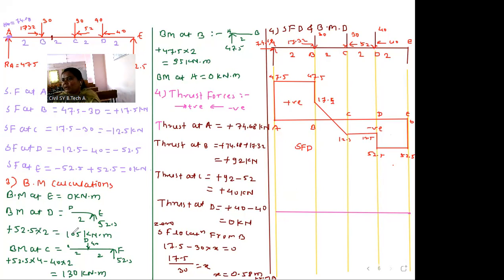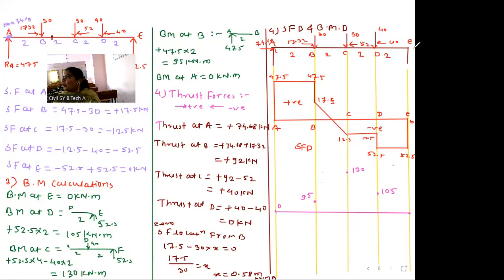Okay. After that, bending moment at D is 105. Bending moment at D is, suppose here, 105. After that, bending moment at C, 130. Bending moment at C is 130. After that, bending moment at B, 95. So below 100. This is 95, and bending moment at A is 0.